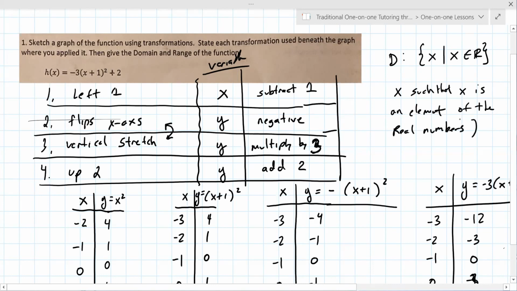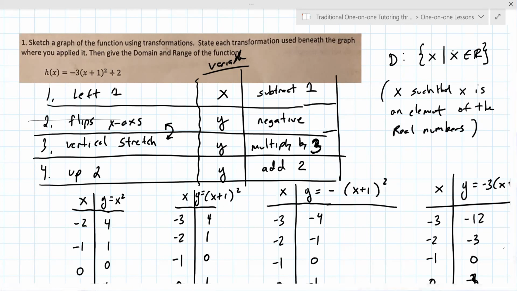So you say all this, but you write just this up here. X such that x is an element of the real numbers.